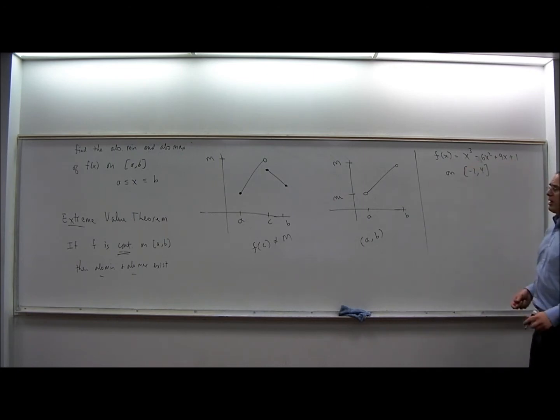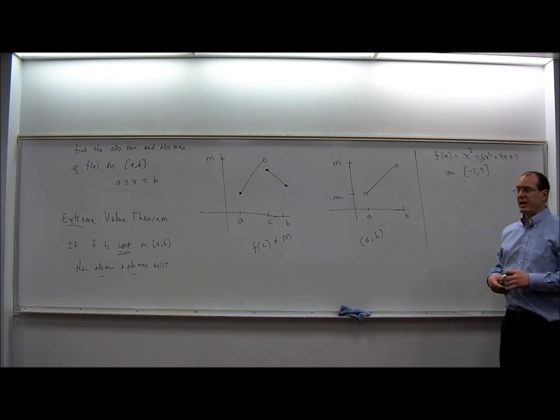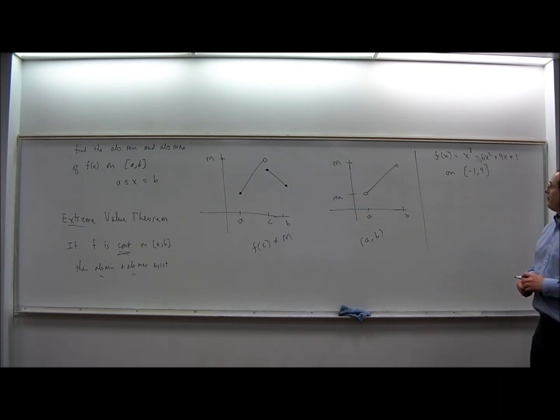I've chosen a nice polynomial function here, so that's continuous on any interval. In particular, it's continuous on this closed interval here from -1 to 4. And so my theorem does say that this function will have an absolute maximum and an absolute minimum on the interval. Now the question is, how do we find them?